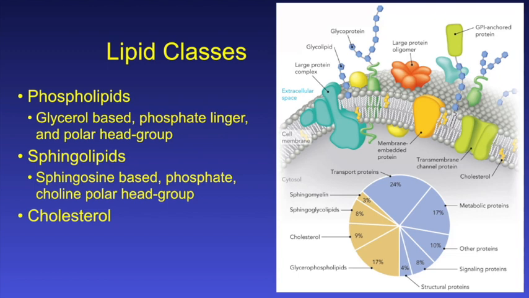Okay, proteins are embedded that can do lots of things like transport things through, or metabolic proteins, things that break things down, or signaling proteins or structural proteins. There is a very large diversity of each different membrane type, whether it be different tissue types or whether it be the plasma membrane versus the organelles membrane.